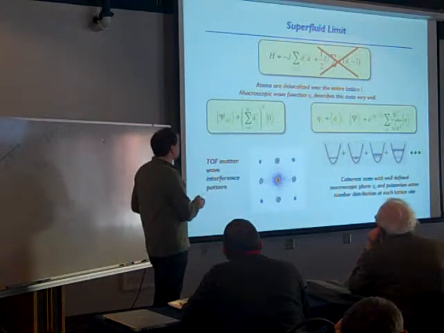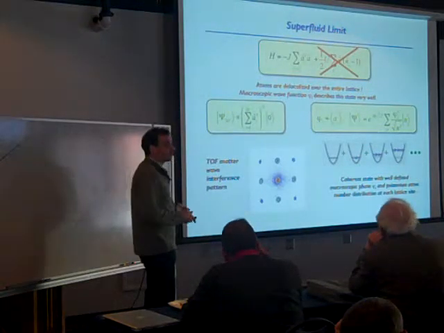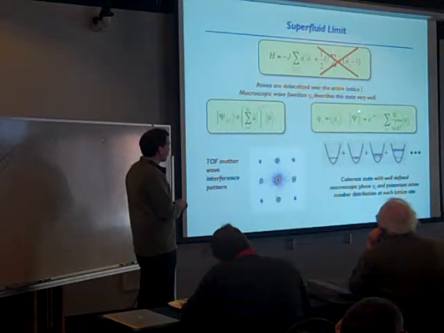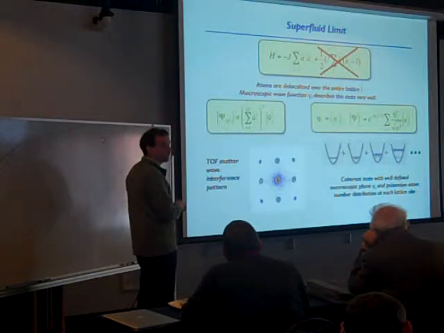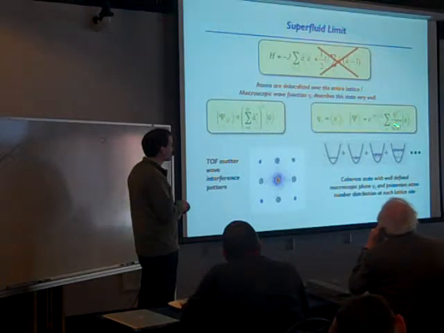But this doesn't help us much. It's much more intuitive to think about this picture in the coherent states. So this was our coherent state earlier. On the single lattice site, at index i of the lattice site, what we actually have is a coherent superposition of different atom numbers.